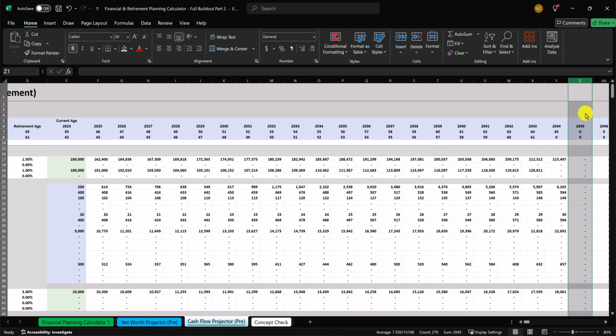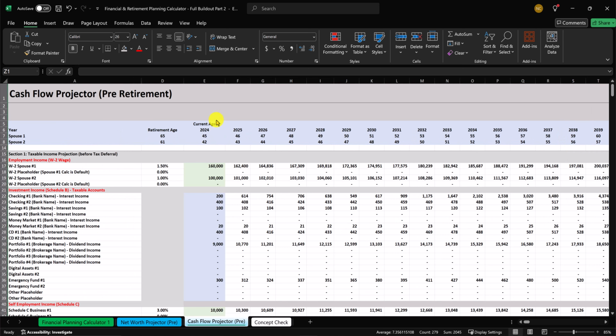We can change the retirement ages, but as things are set up at the moment, retirement occurs in 2045, and then we will switch over from the pre-retirement cash flow projector to the post-retirement cash flow projector that we will build out in a future video. So let's keep this year in mind for a minute, 2045. I'm going to make the screen bigger and go back to where we were.